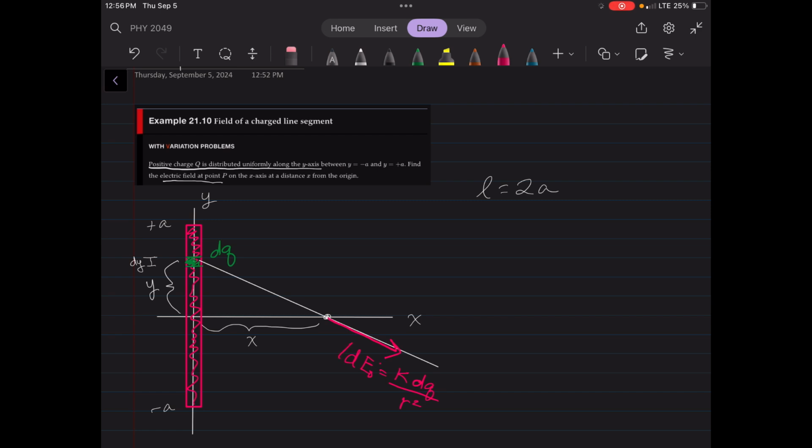That's the magnitude of that vector. Our job now is, first of all, to convert dq.